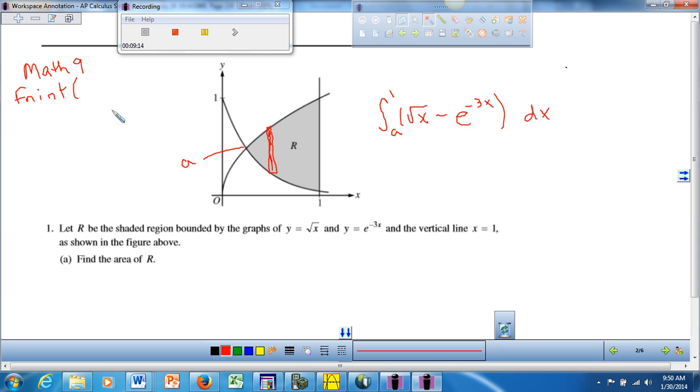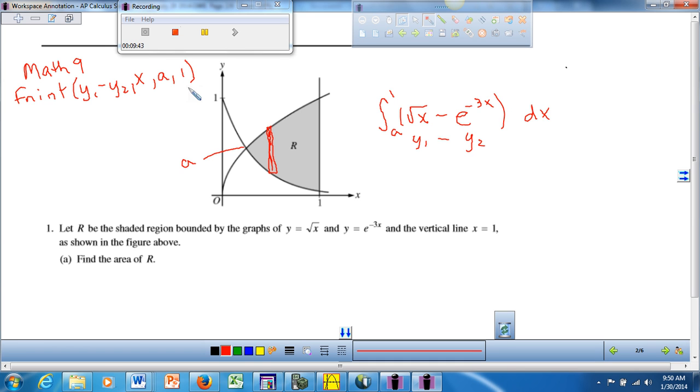I generally put my two functions in y1 and y2. I'm going to make this one y1 and this one y2. And I am going to write y1 minus y2, comma, the variable we are integrating with respect to, and that is x. And then from what value to what value: from A, which you'll figure out, to 1. That's how you enter it on the home screen.